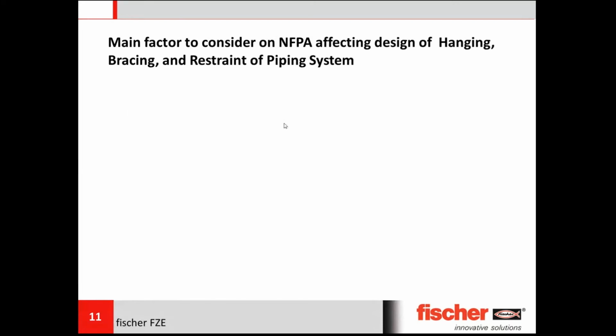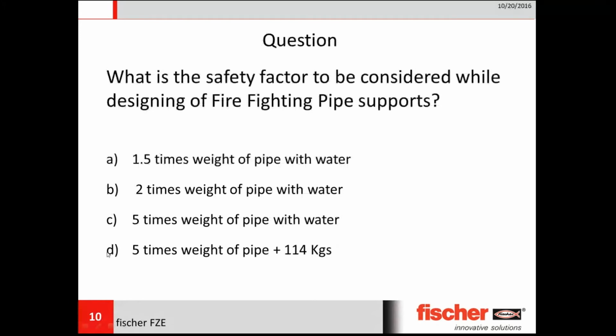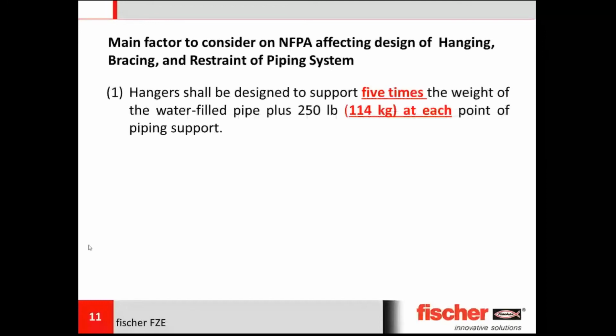So the correct answer, if you go back, is option D. Do we have an option D? Yes, Mr. Muhammad Ziauddin Ahmad, you are absolutely correct. The answer is option D.